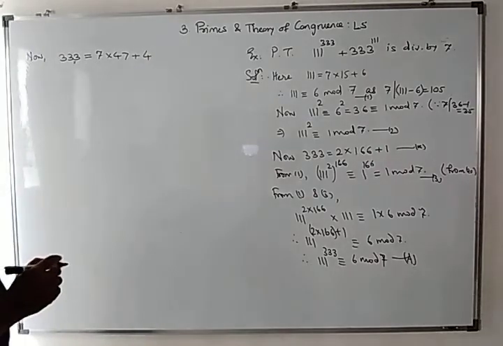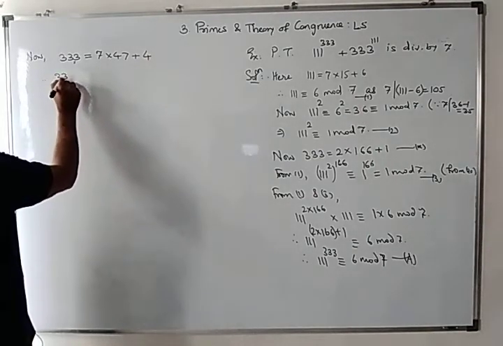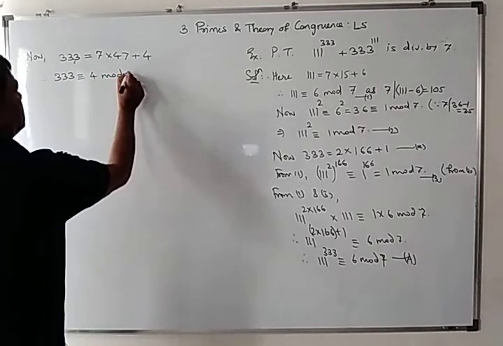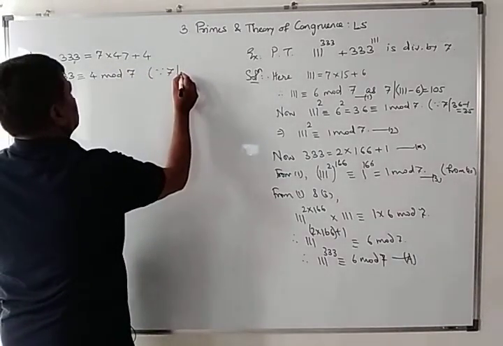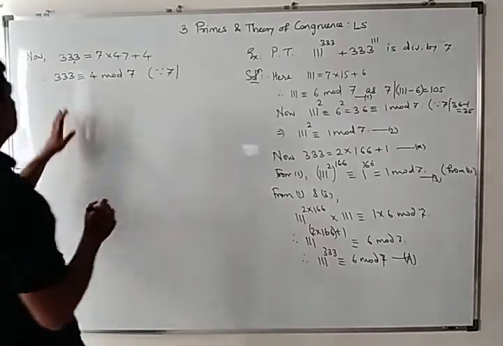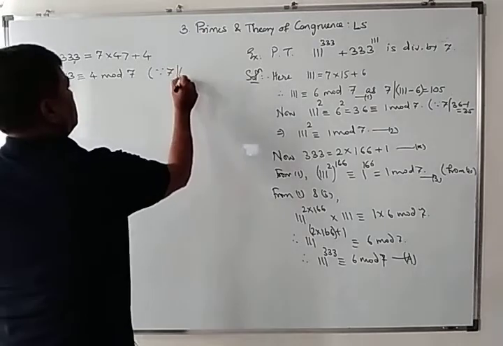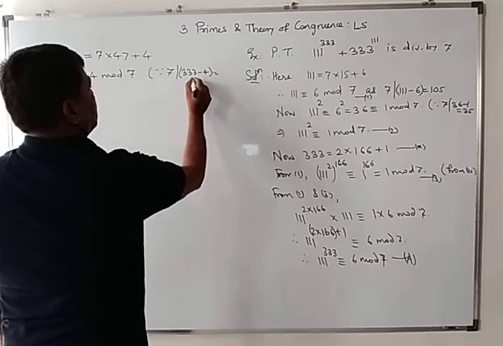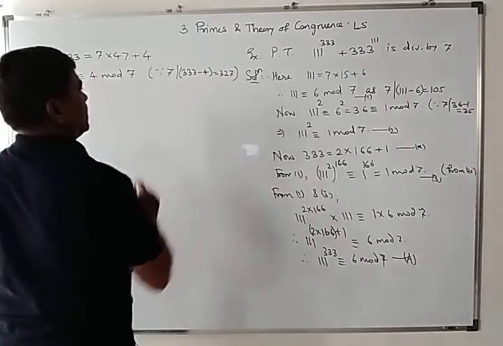So 333 is congruent to 4 mod 7, since 7 divides 333 minus 4, which is nothing but 329.